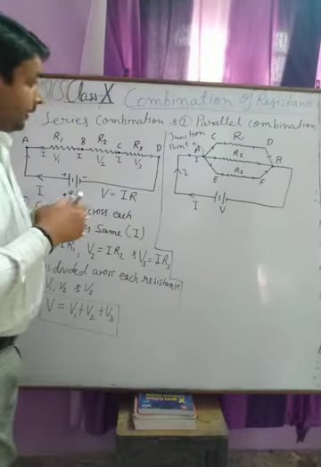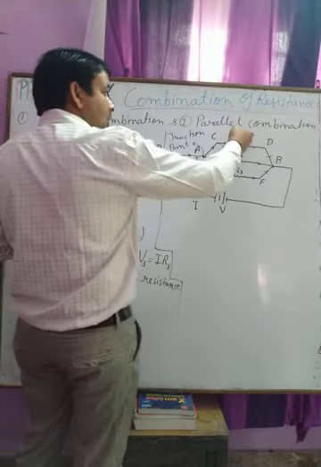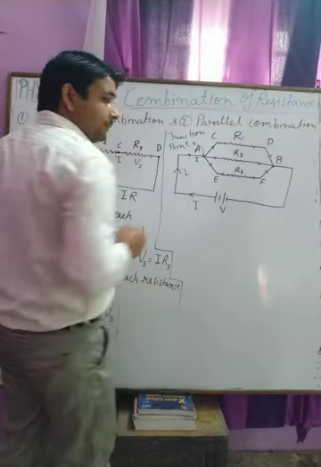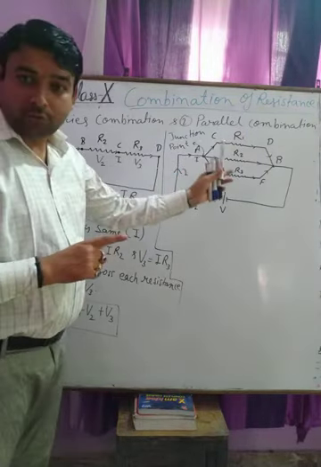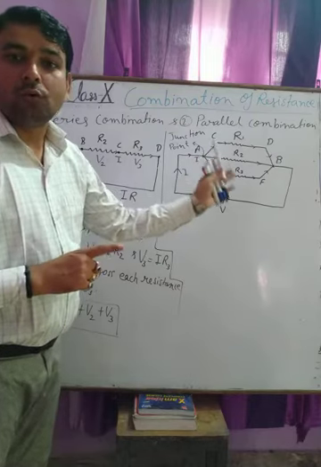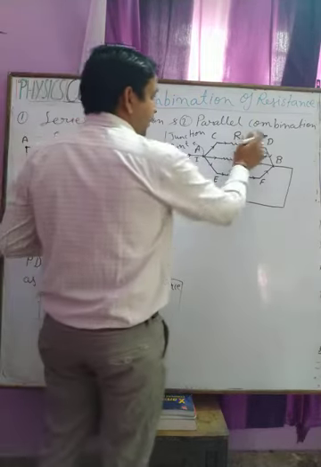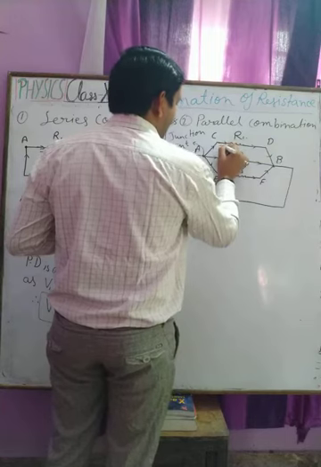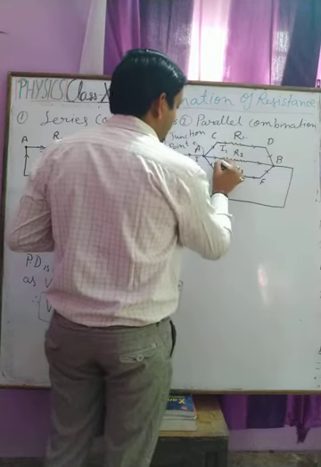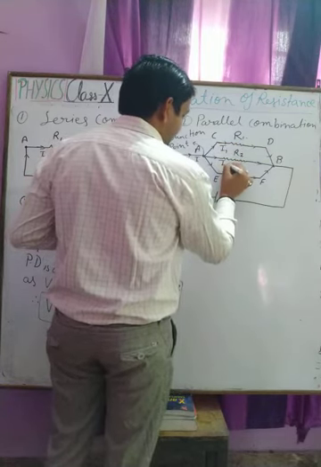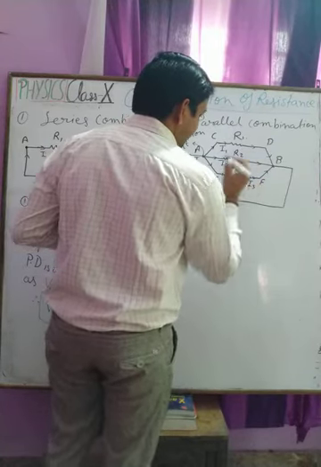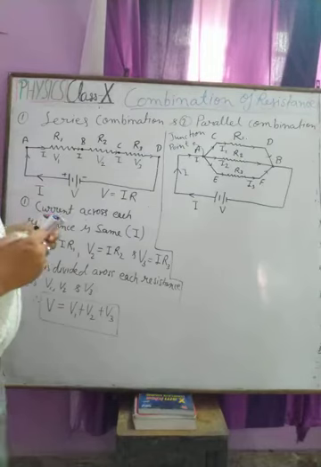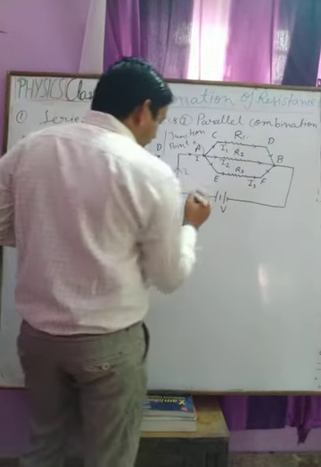So because of different resistances, the current drawn through each individual resistance is also different. So for R1 we take the current I1, for R2 we use the symbol I2, and for R3 we use I3. Okay, now student, here I is what?